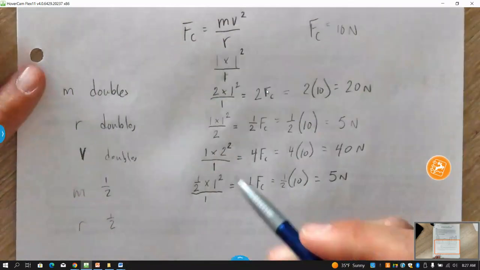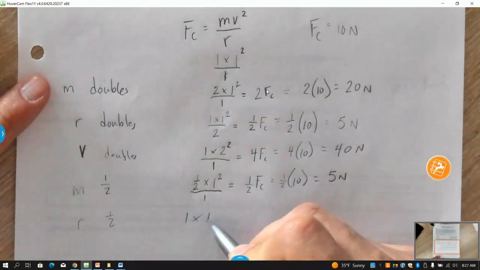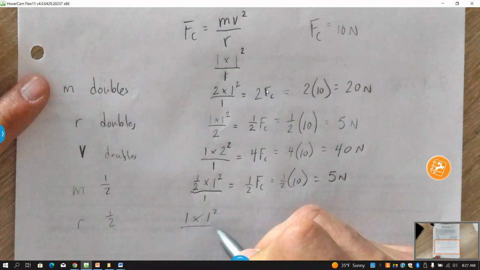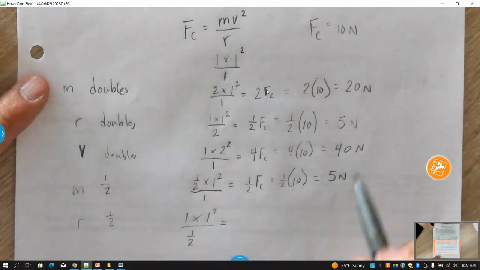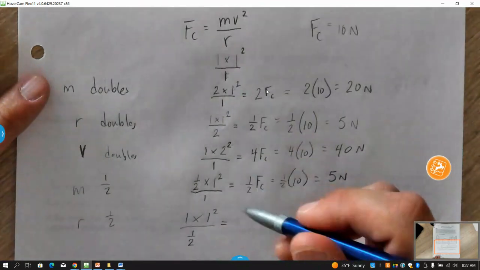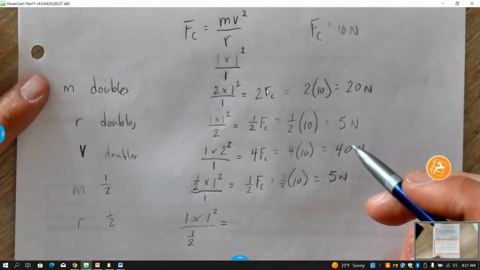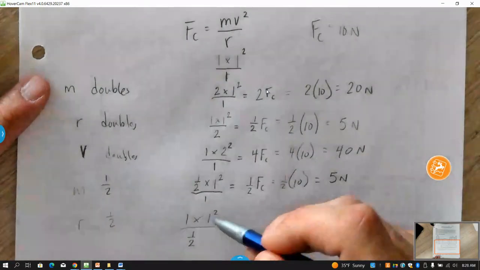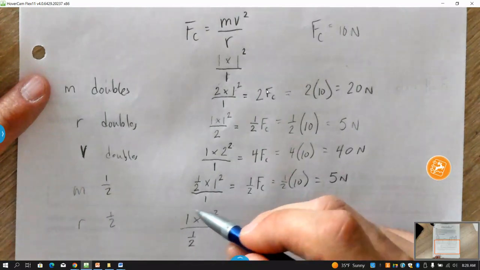And then the last one, the radius is cut in half. Mass and velocity are 1s, but now this one is a 1/2. 1 squared is 1 times 1 is 1.